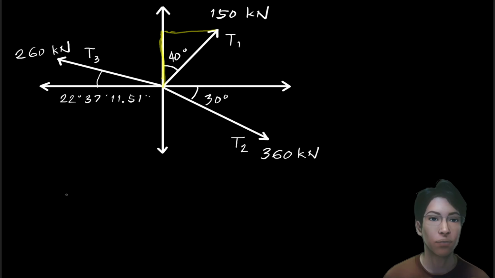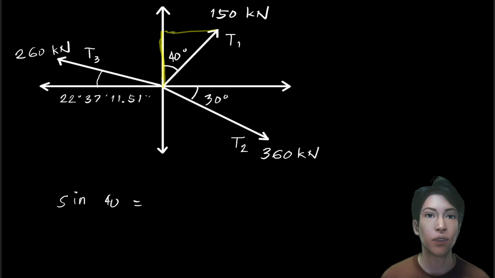So sine 40 is equivalent to the x component, opposite over hypotenuse. So T sub 1 x over 150, which is your hypotenuse.